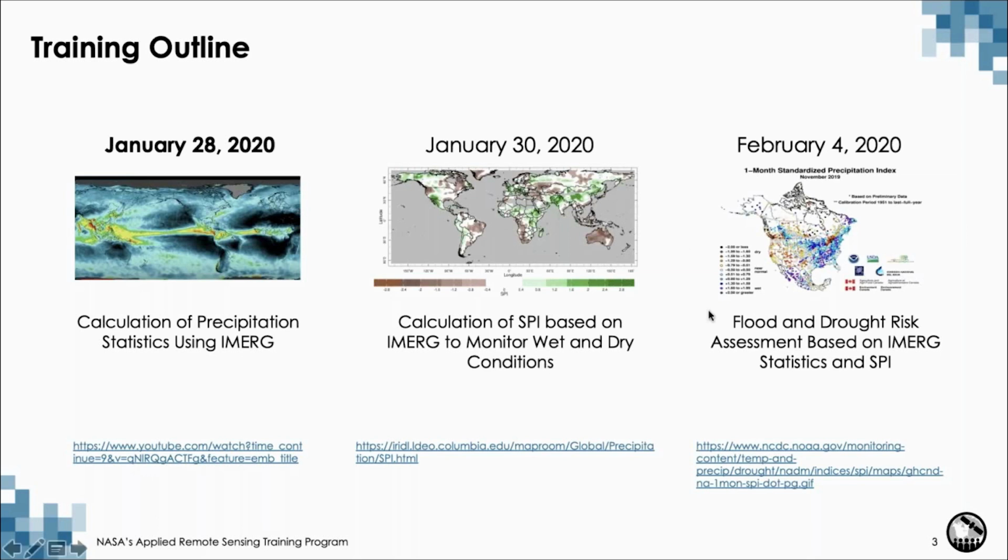Then the last session on February 4th will focus more on how to assess flood and drought risk, in which you use the statistics that we calculate in these first 2 sessions and combine them with some additional socioeconomic data to see if we can assess risk of flood and drought in a given region. Not only that, the last session will be mostly hands-on exercises, where you, the participants, will be conducting exercises that we provide instructions for.